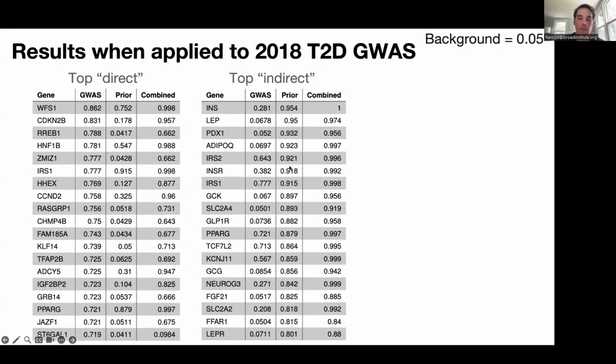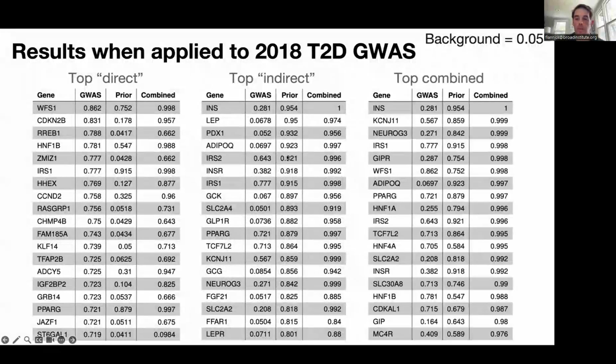But the prior from the annotations is so high that the combined score is actually the 5th highest score in the genome for indirect support. And when you go to the combined score, it's in the top 15 genes. If you look on this combined ranking, you'll see some genes that have absolutely no support, like AdipoQ, that are not near a signal at all, but have such high indirect evidence that they have a very high combined score.